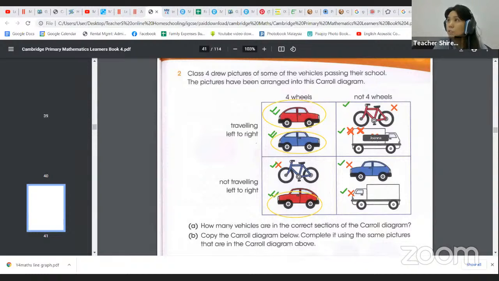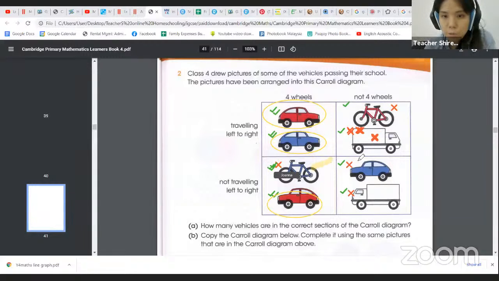Okay, so according to the right one, so what happened is that this one is not four wheel, but it is not traveling from left to right, so it's right to left.